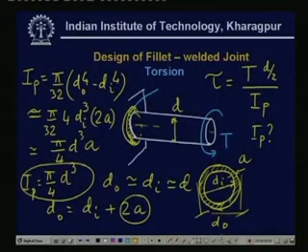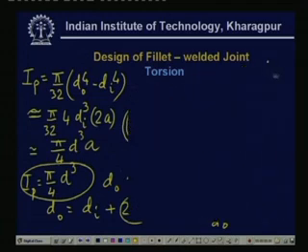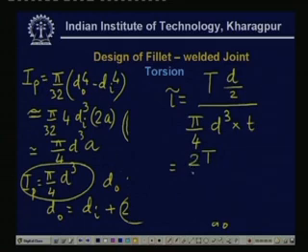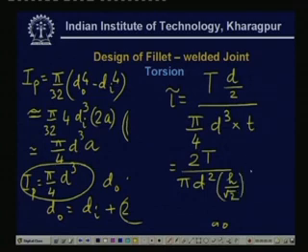Now, we know the shear stress due to torsion: tau will be equal to T times d by 2 divided by pi by 4 d cube times T, and if you use the same notations, then this will be equal to twice T by pi d square times h by root 2, and this is the shear stress due to torsion, and that must be less than or equal to tau allowable.